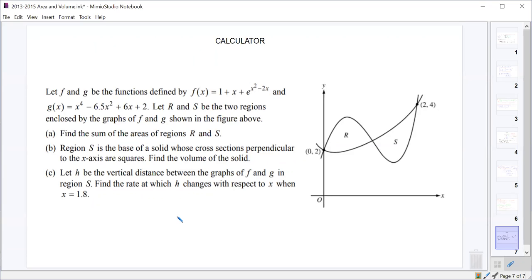Hopefully so. All right, so we're looking for the sum of the areas of regions R and S. And using a graphing calculator, it probably should have been pretty clear to you which function was above the other function for the different intervals, right?